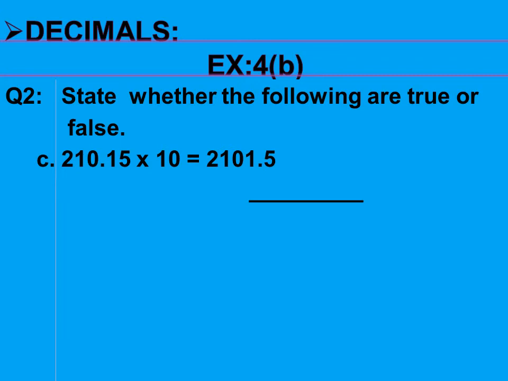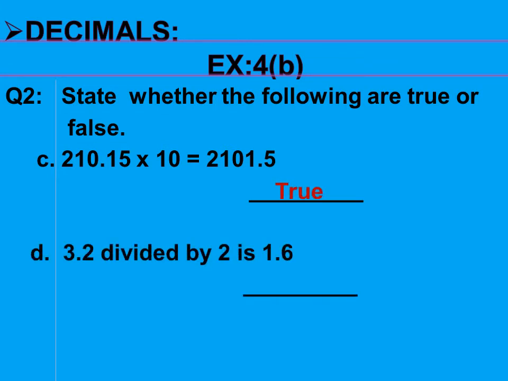You can see that in the number 10 we have one zero. This means that we will move the decimal point only one digit to the right. And when we move this decimal point one digit to the right, we will get the same answer as it is given in the statement. So the statement is true.